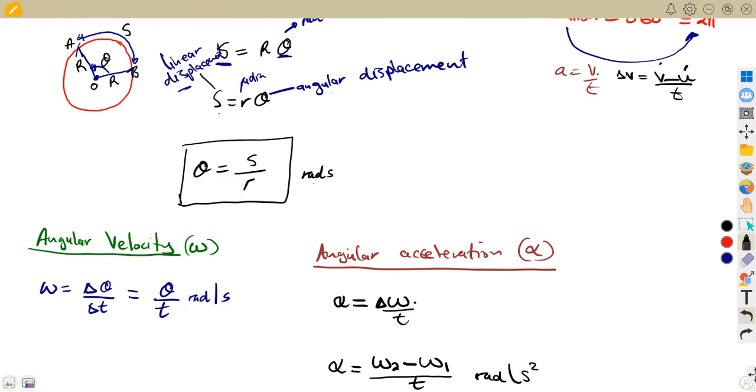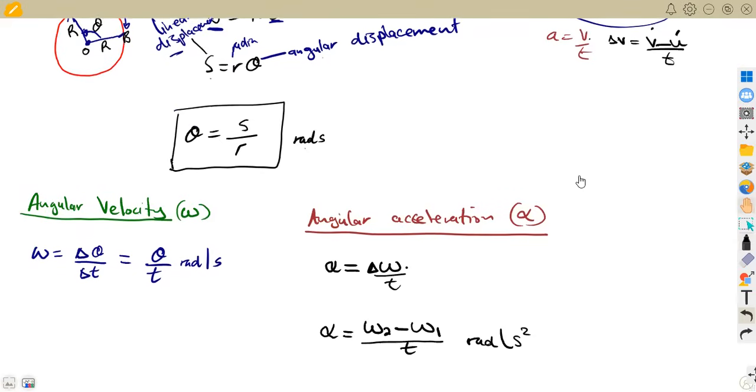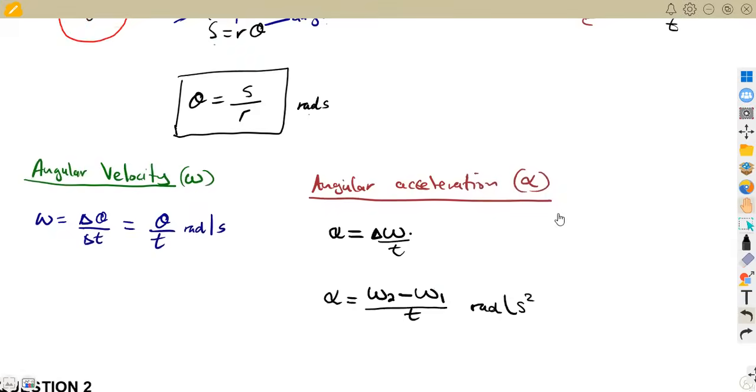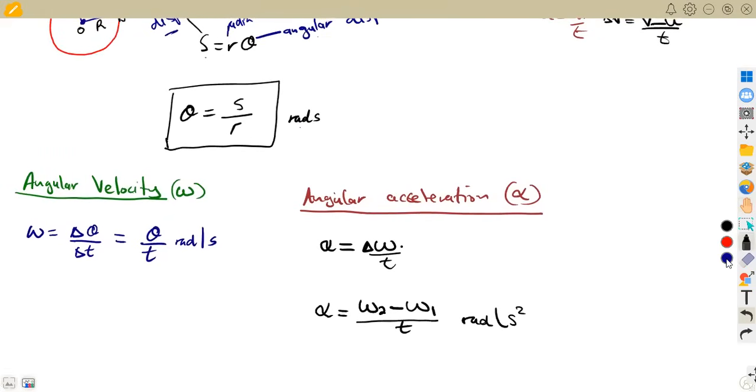Let me talk about this omega that we are saying is our angular velocity. What is it that we are referring to here? The omega is simply taken from the revs per second. We might be given a speed.